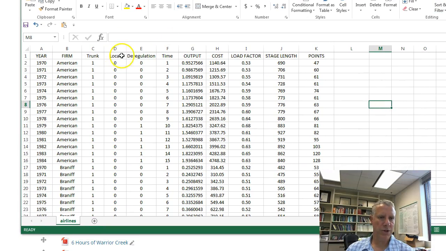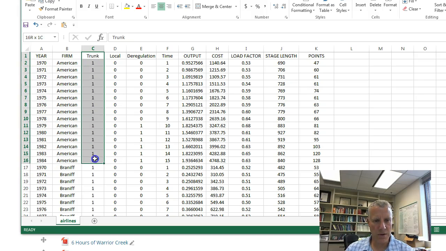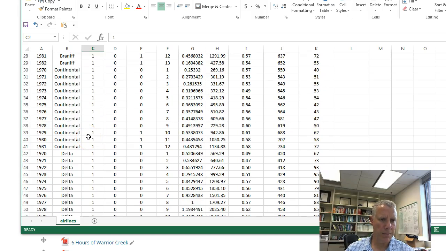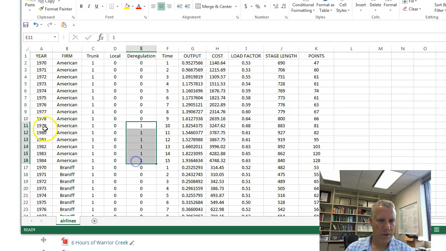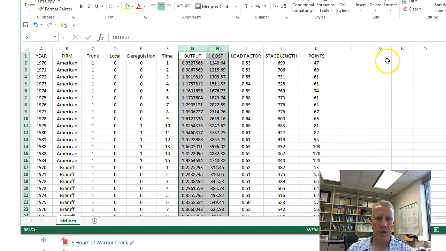So we have a spreadsheet that has the airline name, the years go from 1970 to 1974, and whether the airline is a trunk or a local. If the number is a 1 for the trunk variable, then those are the big major airlines. The deregulation variable is equal to 1 after 1979. The key variables for your analysis are output and cost.